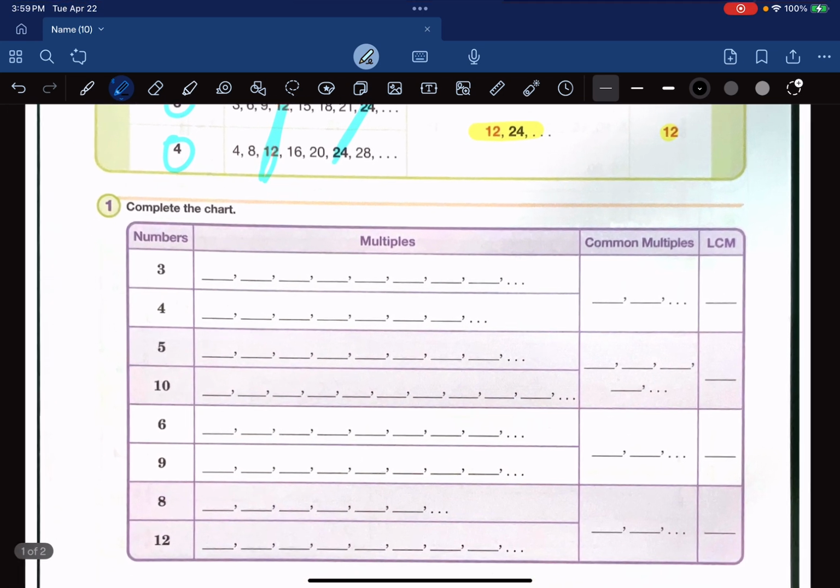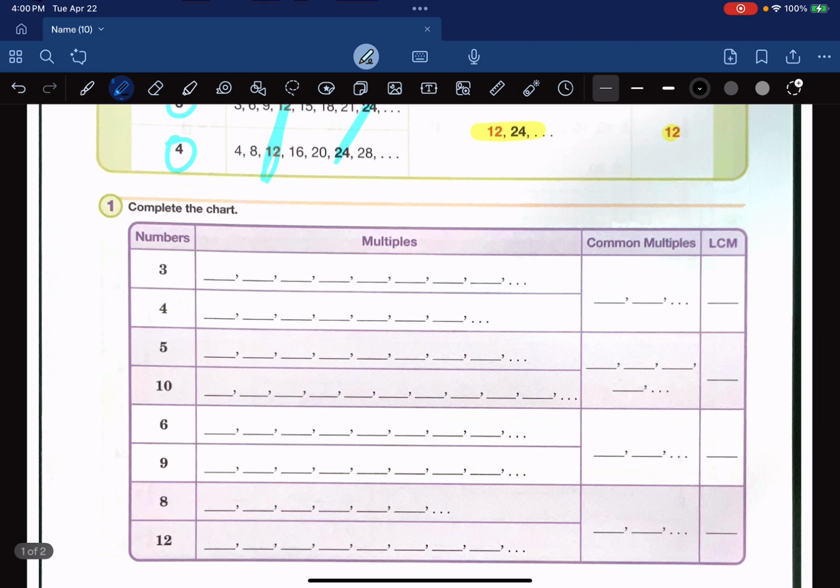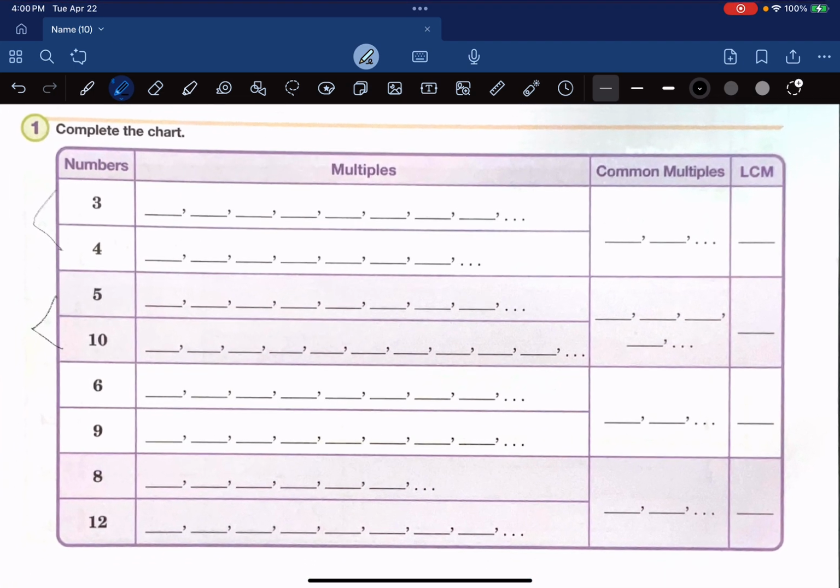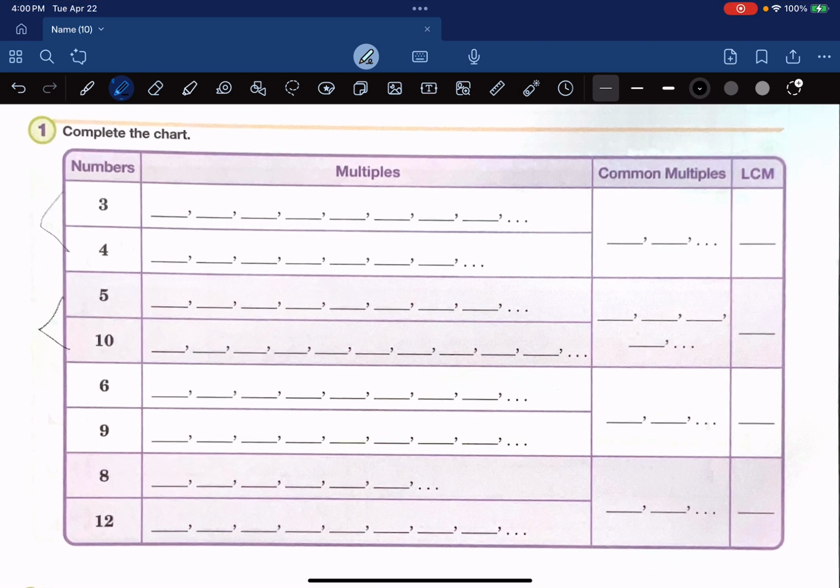So for example, you're going to do the 2 white squares, then the 2 purple squares together as comparison. So I'll go ahead and do the first one with you. When we're saying multiples, it means this number here, 3 times whatever, and whatever the answer or the product is what your multiple is.